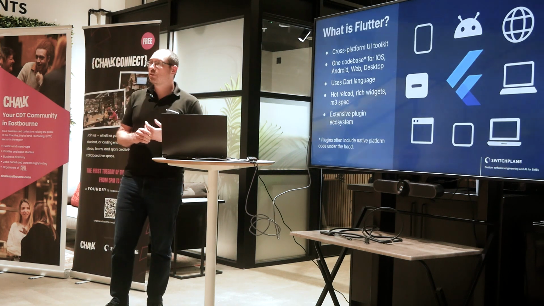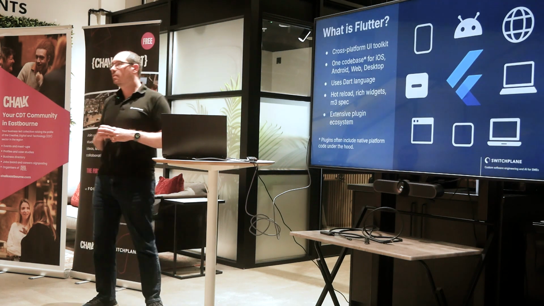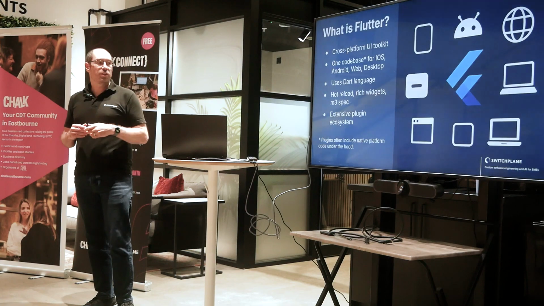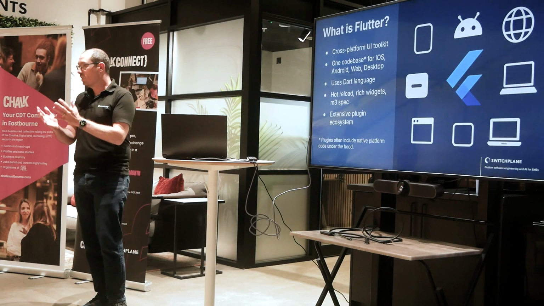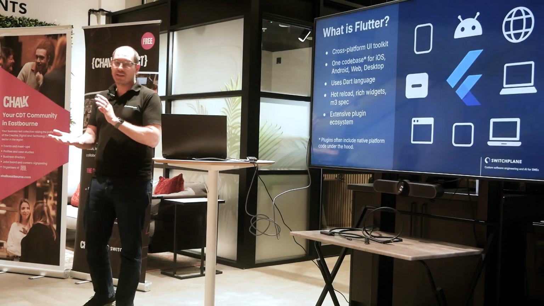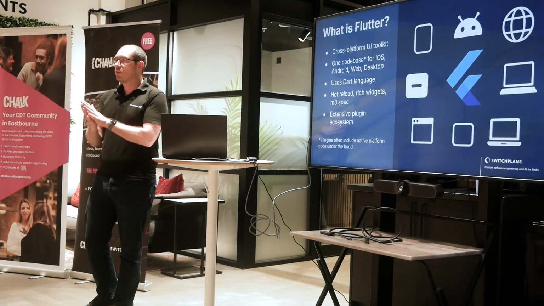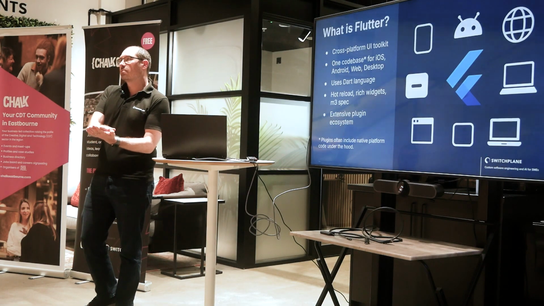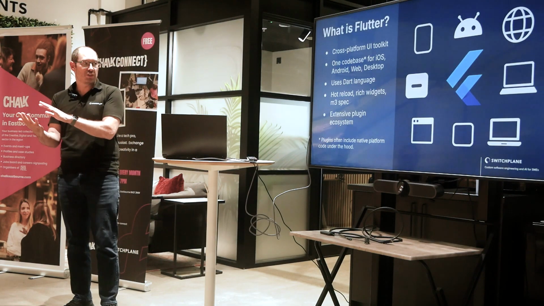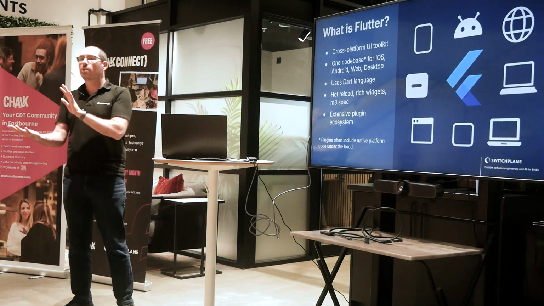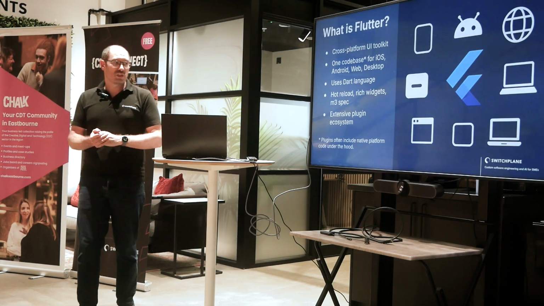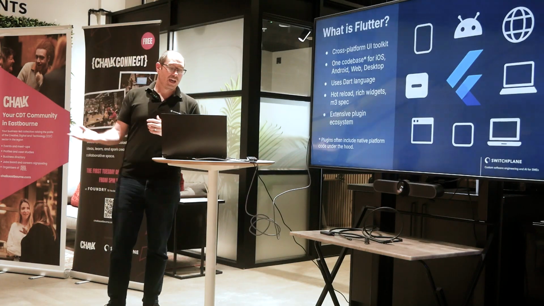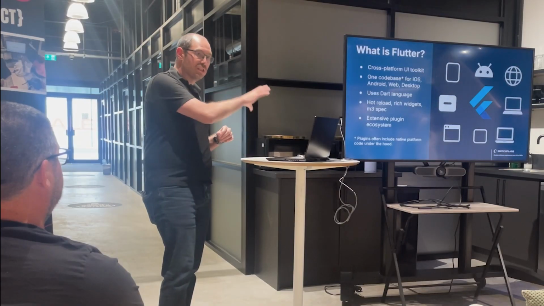It follows the Material 3 specification, which I'll come on to later, which is essentially a specification for how most user interfaces would look and feel on a mobile device. There are slight differences between iOS, the Cupertino style as they call it, and what you see on an Android device. But generally speaking, Material 3 is essentially taking over from an Android and Google point of view.